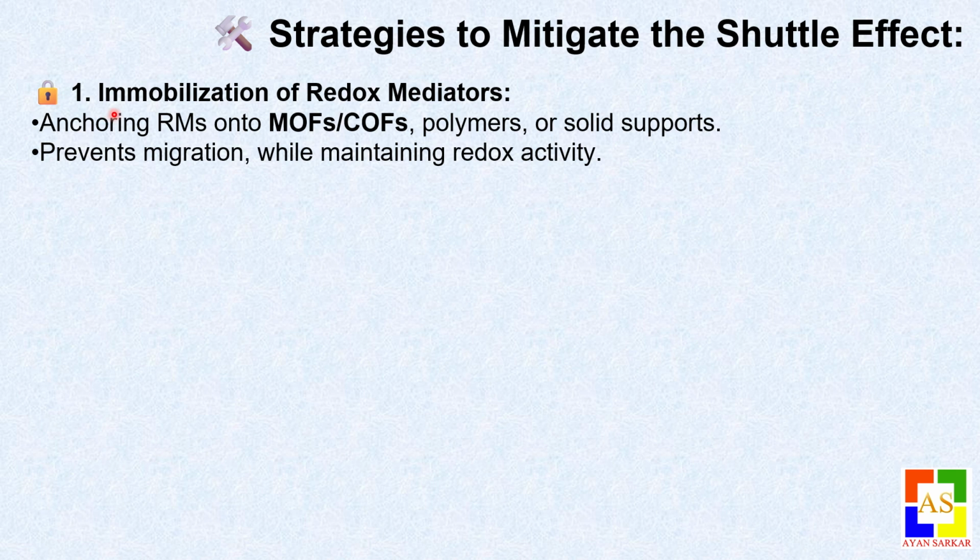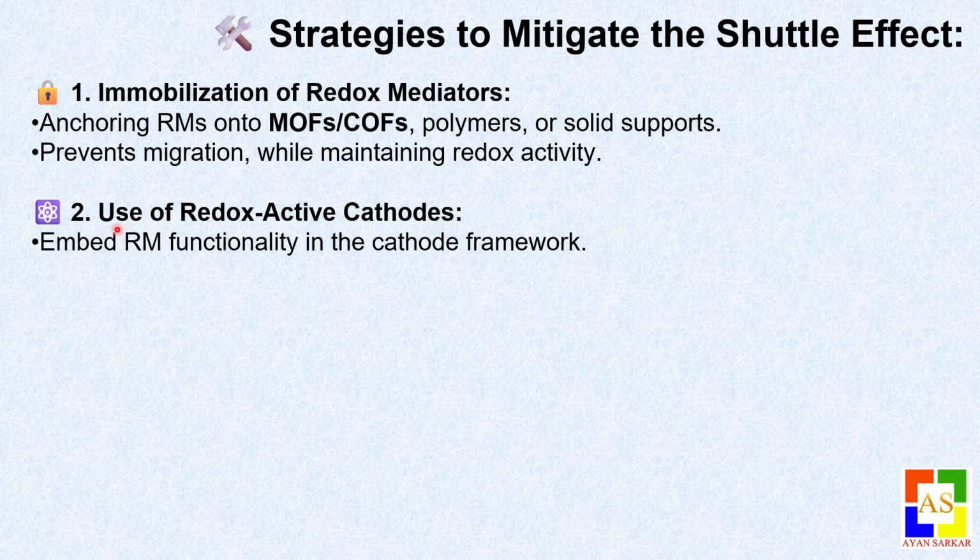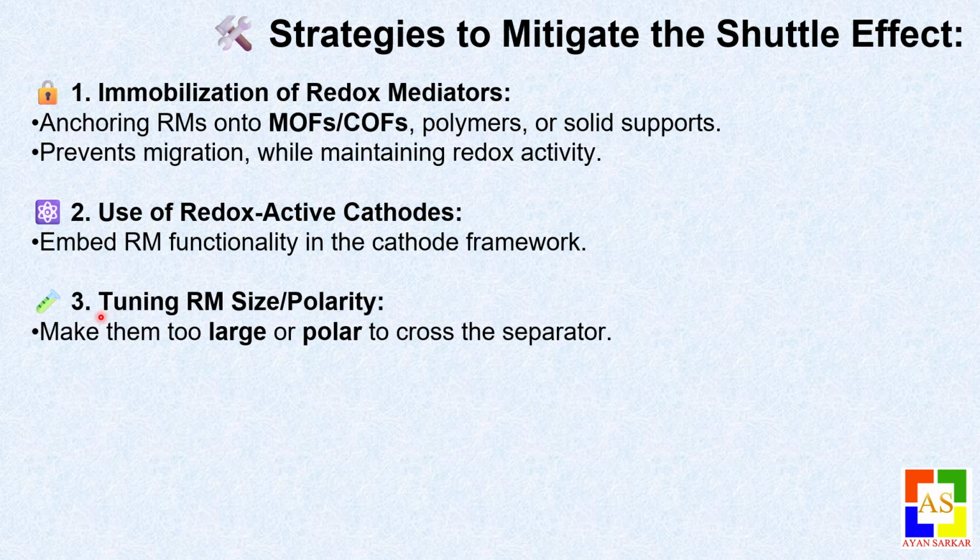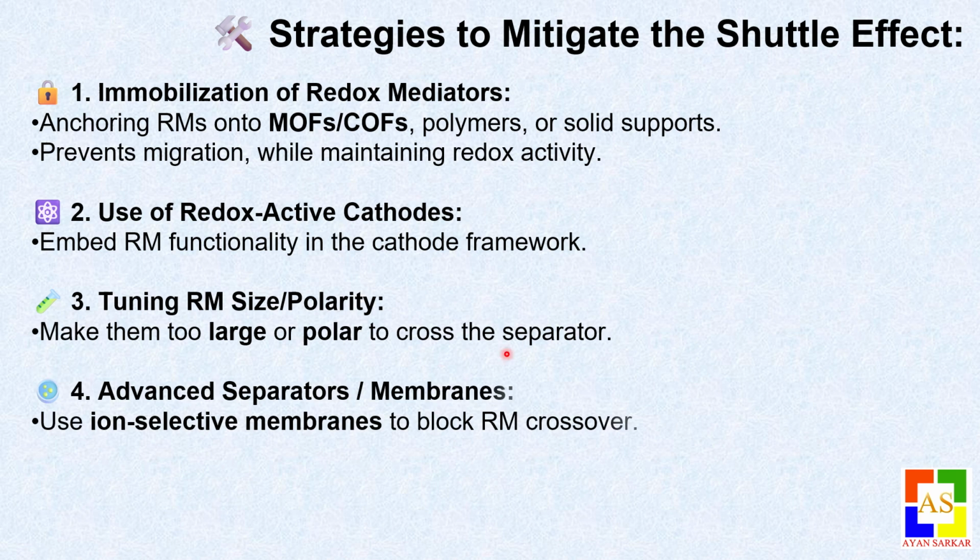Firstly, we can consider immobilization of redox mediators. Then we can try to use some redox-active cathode, where we can embed the redox mediator functionally in the cathode framework. Then we can tune redox mediator size and polarity, so make them too large or polar to cross the separator.